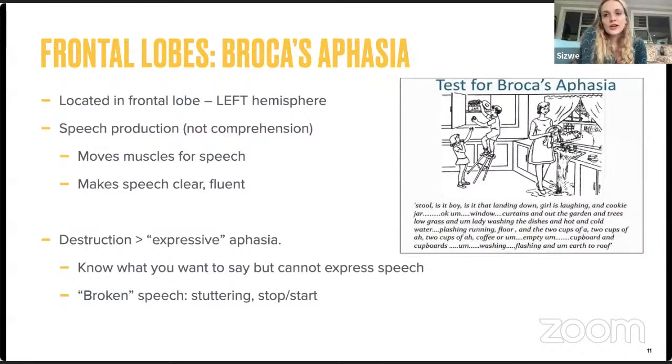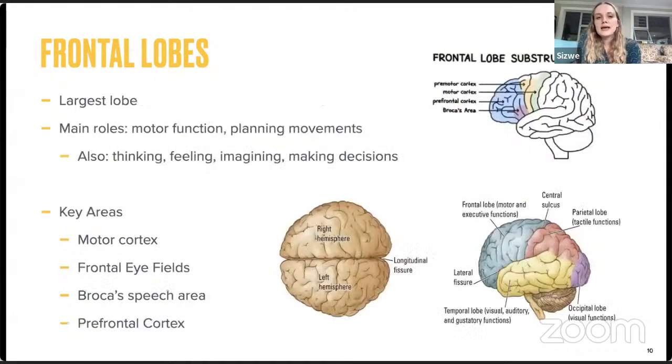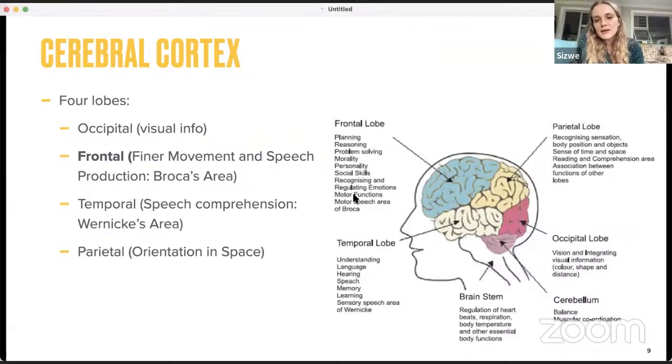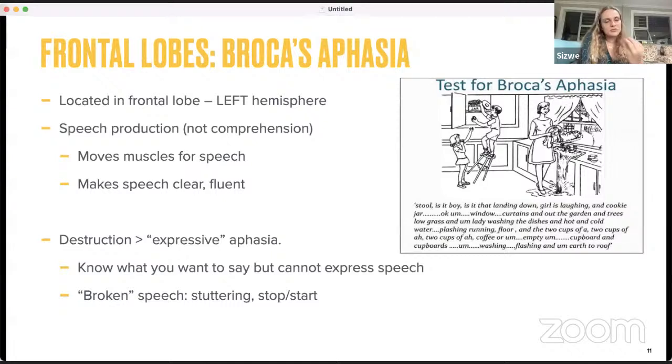If there's destruction to it, so something has happened to your Broca's area, we see something called expressive aphasia, where you know what you want to say, because what you want to say is decided in your temporal lobe, but then it doesn't quite come out the way you want it to. So we see broken speech, we'll see stuttering, we'll see stopping and starting, we'll see ums and uhs and all of that stuff.